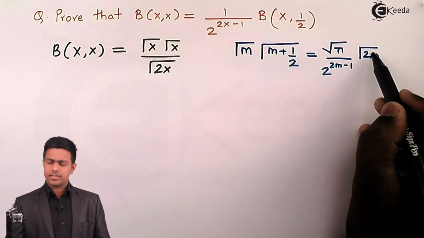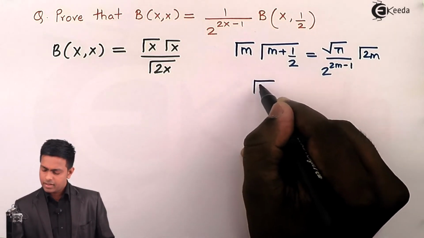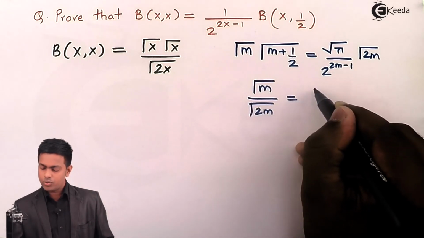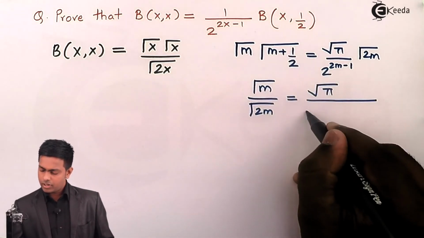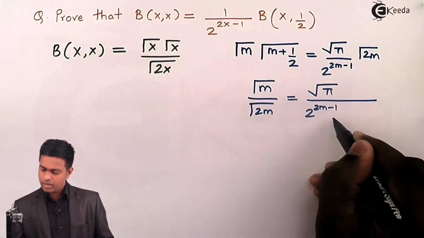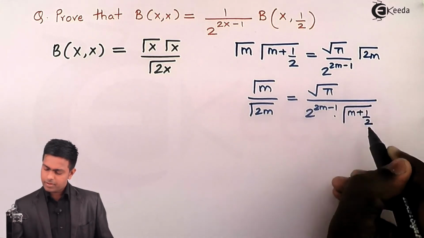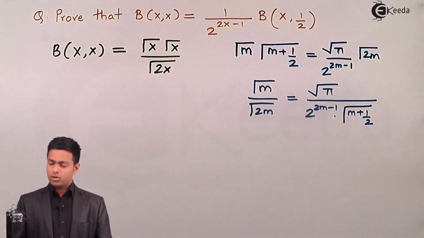So if I take this gamma 2m over here on the left hand side, we'll get like this: gamma m by gamma 2m is equal to root pi upon this value, that is 2 raised to 2m minus 1 into gamma m plus half. And we can certainly use this value in our question to get the answer.